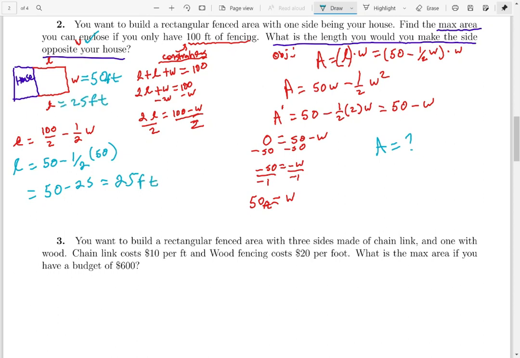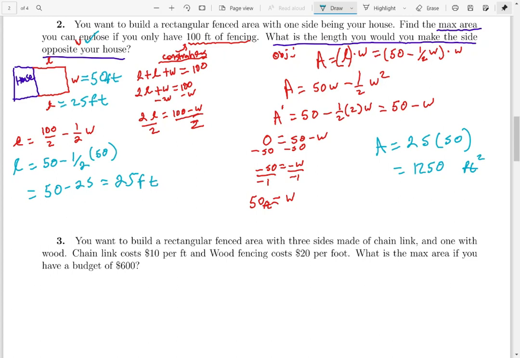And so if I know the length and I know the width, I know that the area that's enclosed is length times width, or 25 times 50. And so 25 times 50 is 1,250 square feet, or you could write that as feet squared.